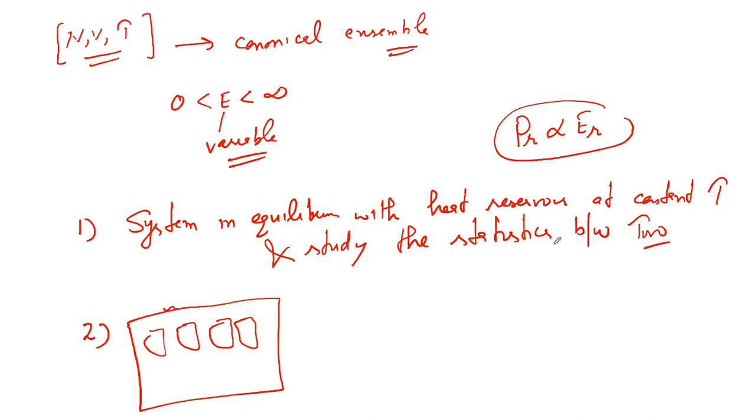So we will establish a relation for this probability density distribution with respect to energy, and we will apply the first approach: we will establish an equilibrium between a system and a heat reservoir, and from that we will find the probability density distribution function.